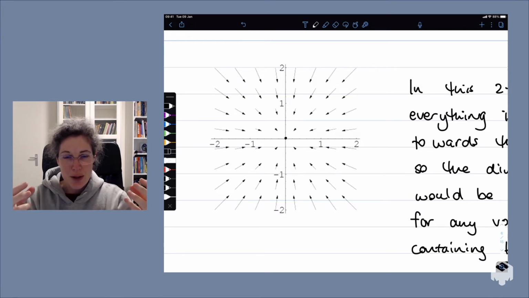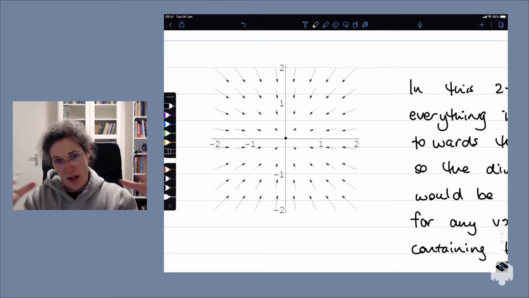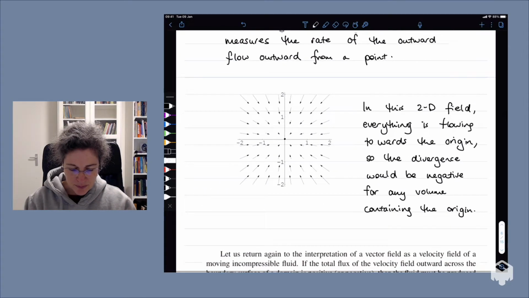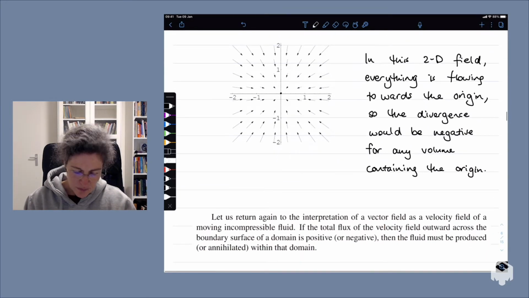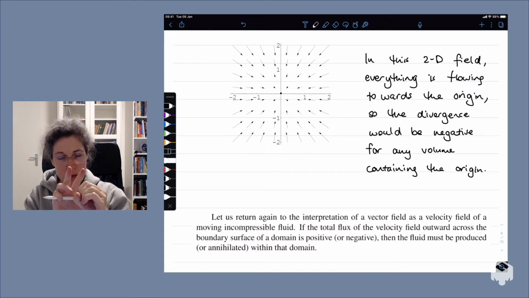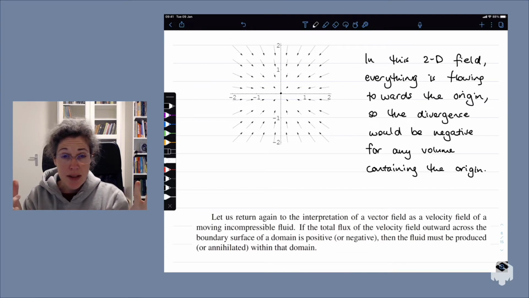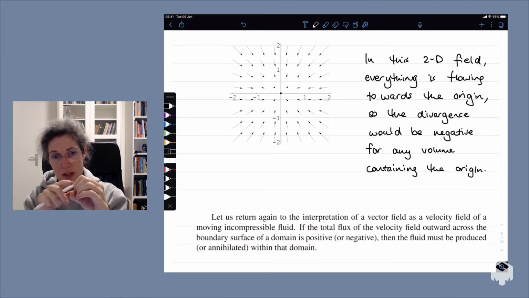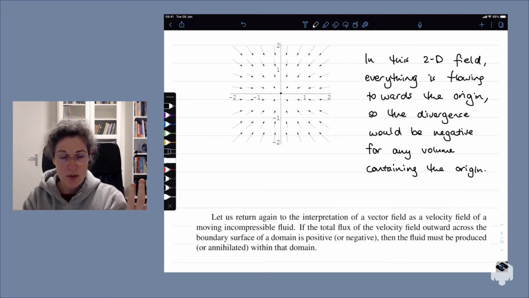So our divergence there would be negative because it's not flowing outwards, it's flowing inwards. Our divergence is really talking about, if you look at a small little area in your field, is there a net outflow, inflow, or maybe nothing at all? Maybe you've just got a vector field that's flowing straight through the point, whatever goes in goes out, and your divergence is 0.